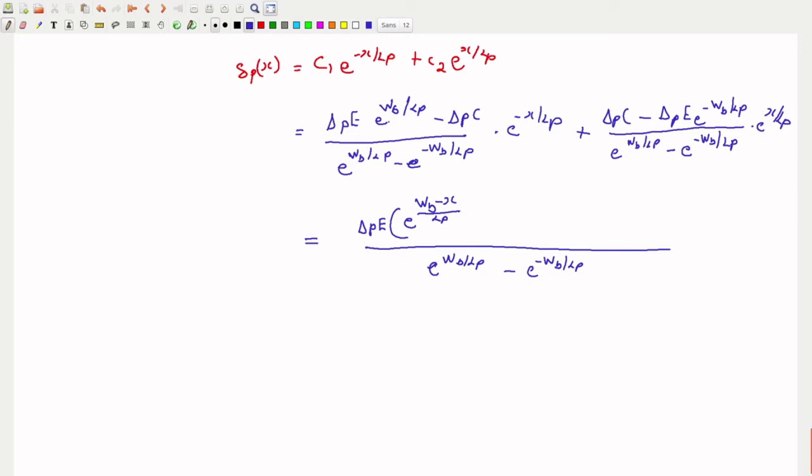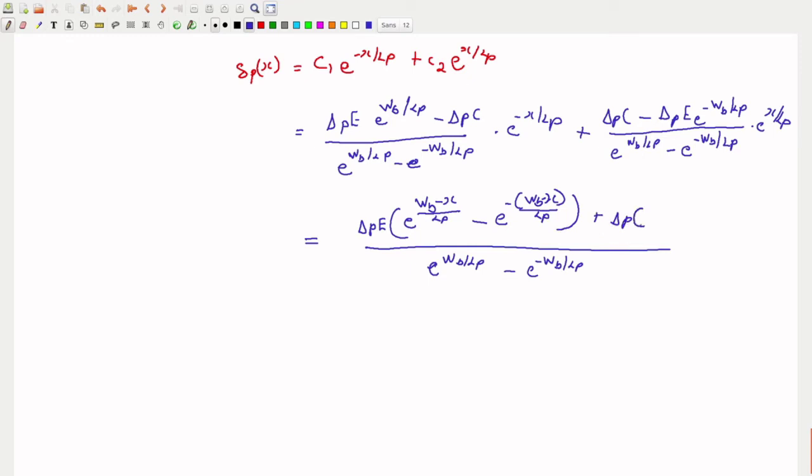So e raised to a into e raised to b is e raised to a plus b. And in this term we will have e raised to minus of WB minus x by LP, and plus delta PC.